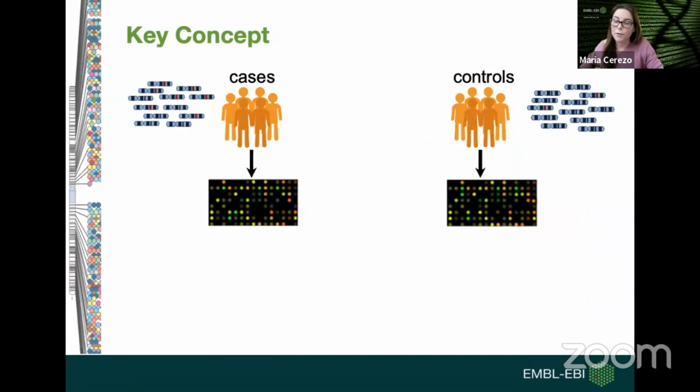So how do you perform GWAS? The individuals are genotyped across the genome using different technologies, like SNP arrays, or more recently the sequencing-based ones, like whole genome sequencing or whole exome sequencing. The data is then analyzed to find the variants or haplotypes with a higher frequency in cases than in controls.